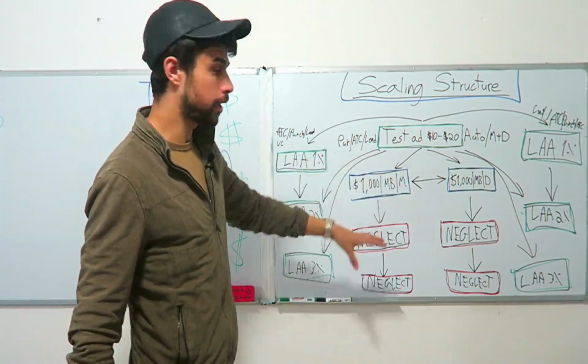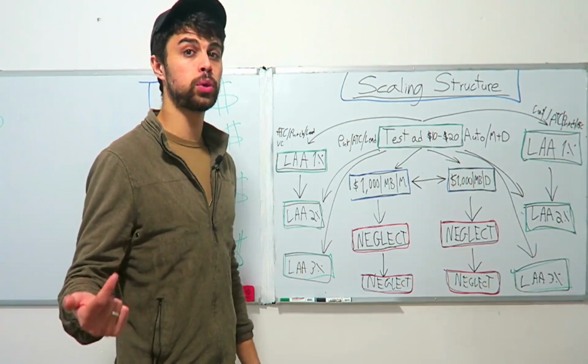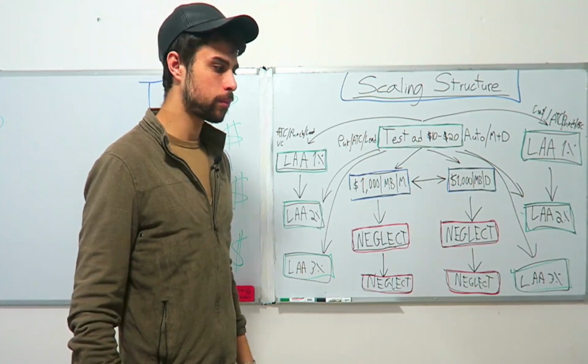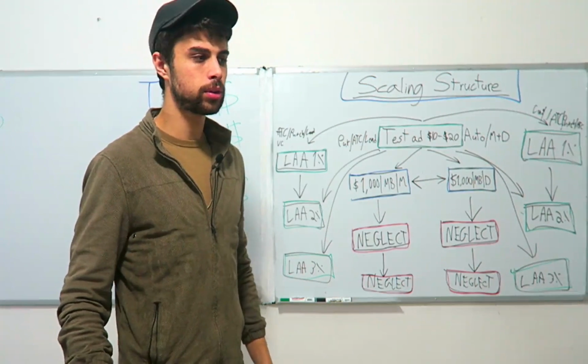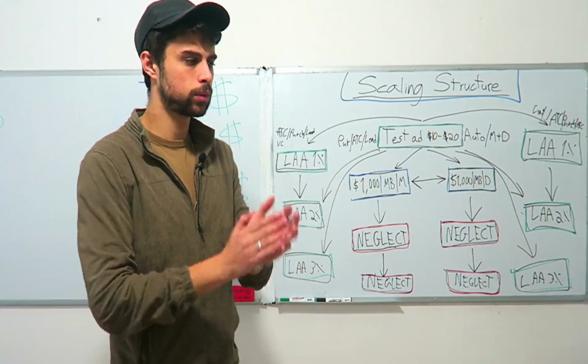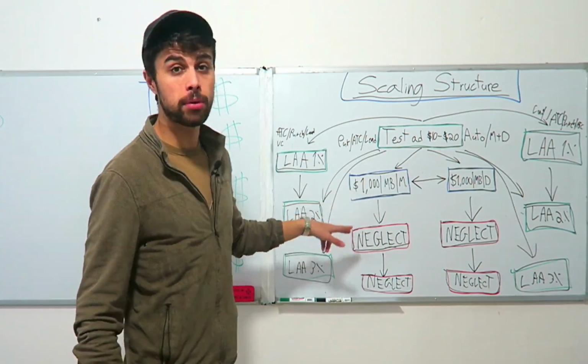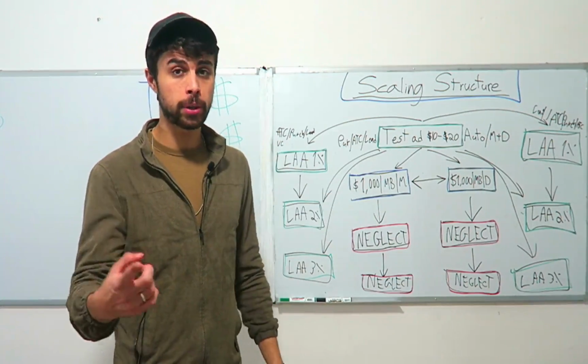On this new ad, this is where the actual scale begins. You need to put a very high budget, according to what we went through. I put a minimum of $1,000 on my budget.